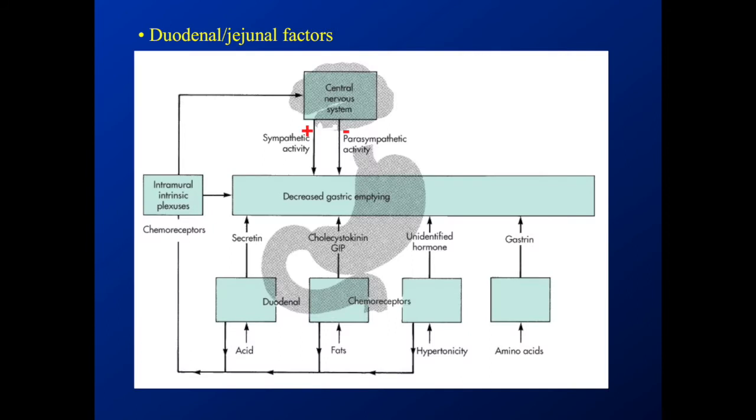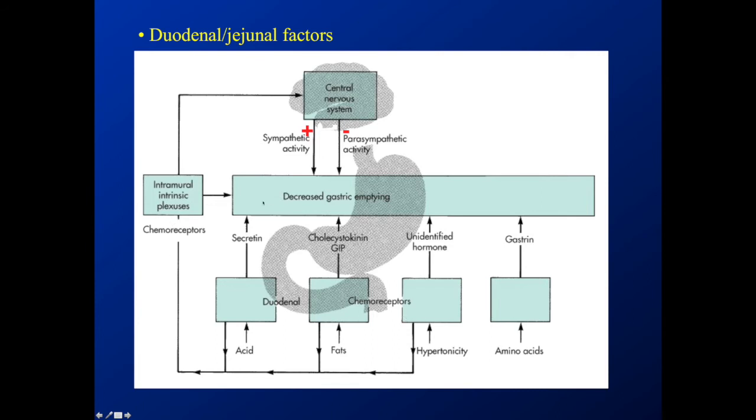Here is a summary of the duodenal and jejunal factors that regulate gastric emptying. So an increase in acid in the duodenum, an increase in fats in the duodenum, hypertonicity and amino acids.